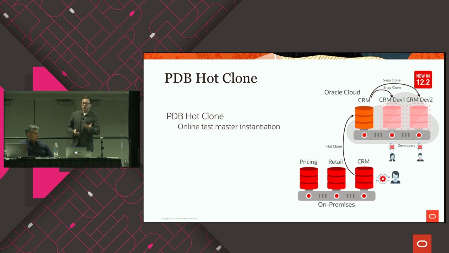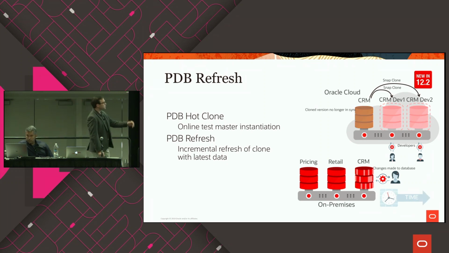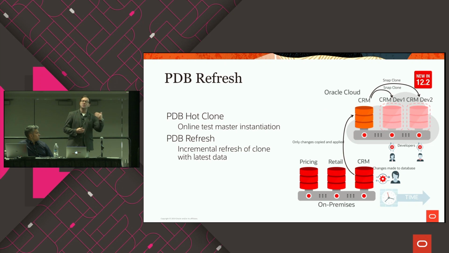Now, if you extend this idea, you will see that, of course, as time progresses, the CRM application continues to operate on the production database. If your intention is to provide your test and dev environments with a constant update to the data, Oracle Pluggable Databases has a solution as well, because as you make changes, you can either incrementally refresh or clone with the latest data. So either way, you would get a fresh set of data into your clone, as just shown.